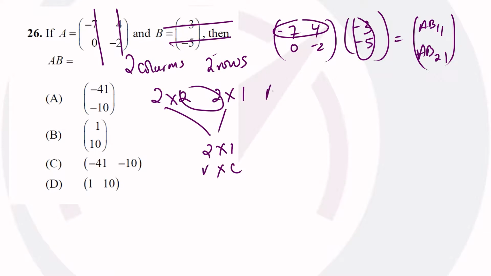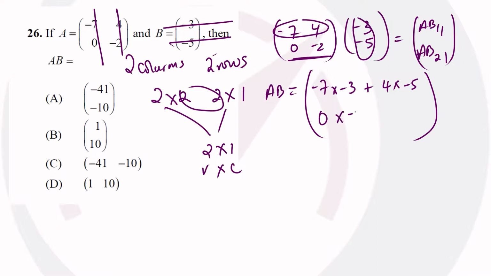So the first number multiplies the top number, and the second multiplies the bottom number. We add them. So -7 times -3 plus 4 times -5. Next we're going to have the 0 and the -2 multiplied by -3, -5. So 0 times -3 plus -2 times -5.